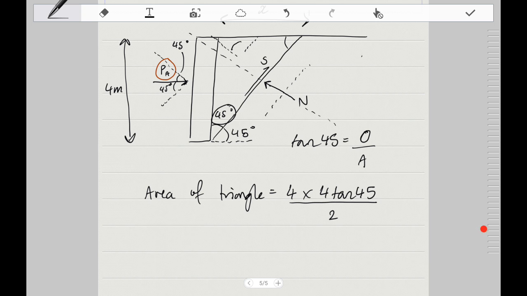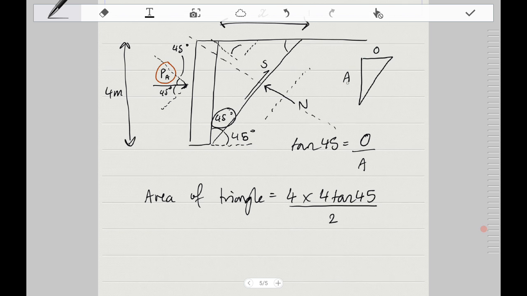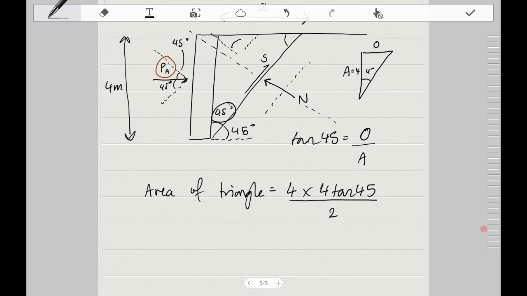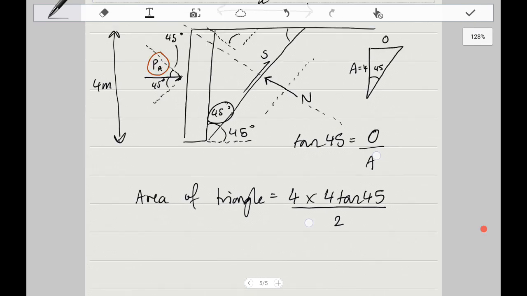Just as a reminder, if this is O, this is A, which equals 4, and that's 45.